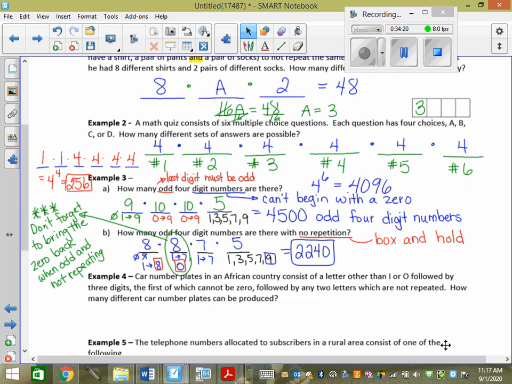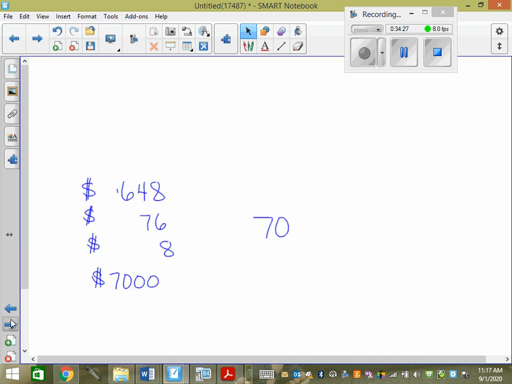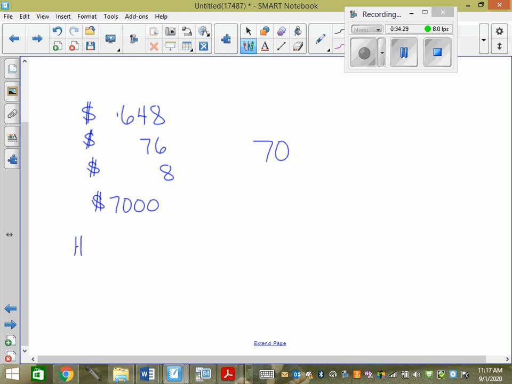Okay, I'm going to give you one to try. How many odd 6-digit numbers are there? Did I say no repetition at all? No. So if I don't say no repetition, you assume you can repeat. They aren't going to say we can repeat.